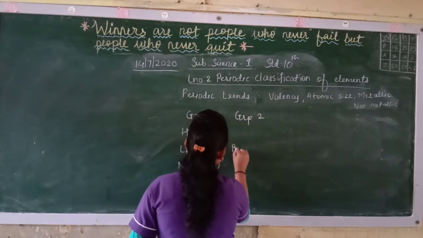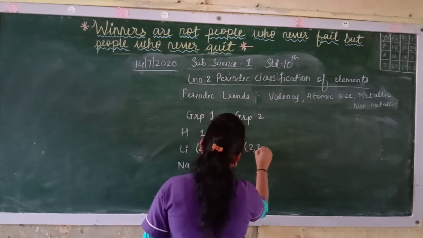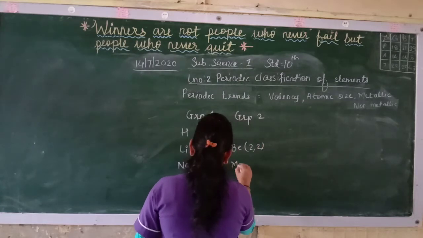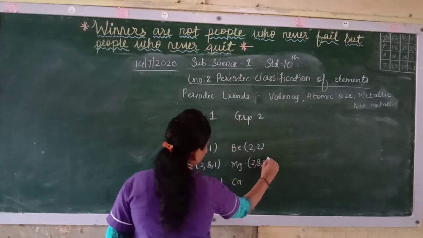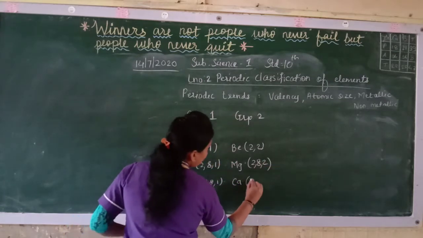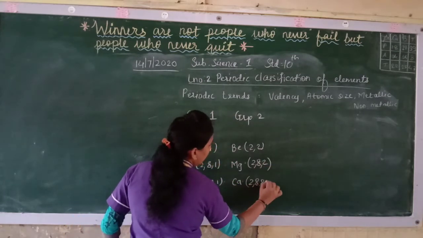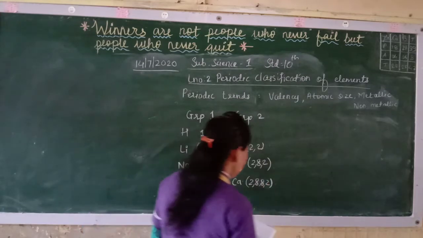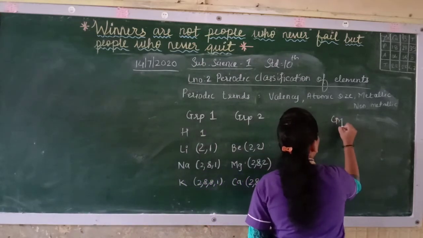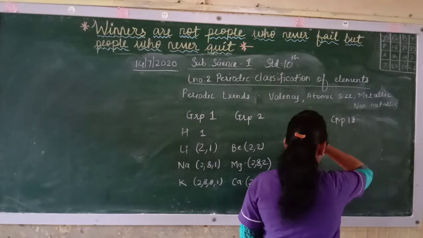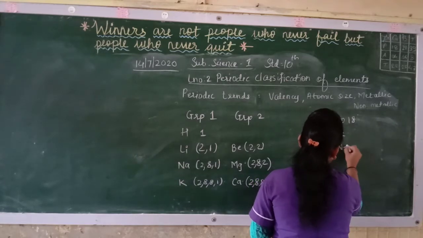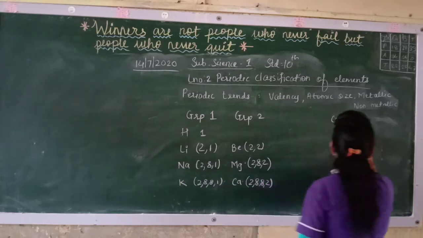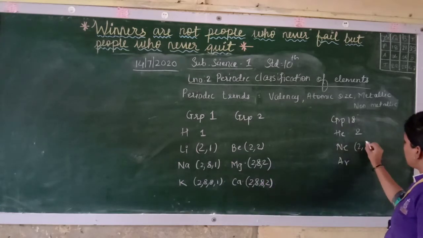Now here, beryllium has 2, 2; magnesium is 2, 8, 2 and calcium is 2, 8, 8, 2. Then we will see group 18. Group 18, what do you have? Helium, neon and argon. So here you have 2, 2, 8, 2, 8, 8.